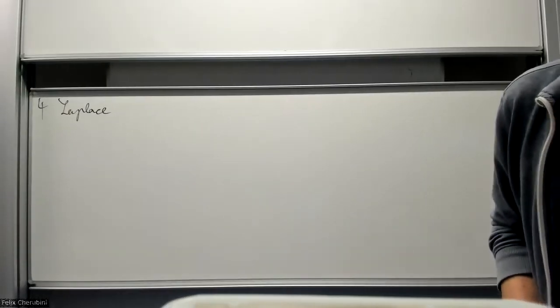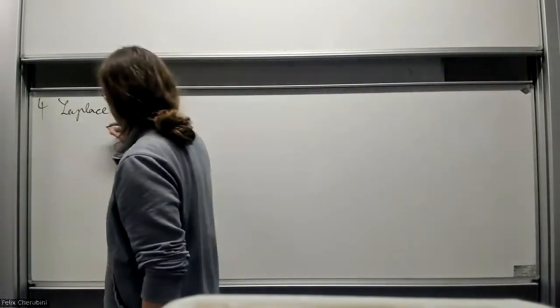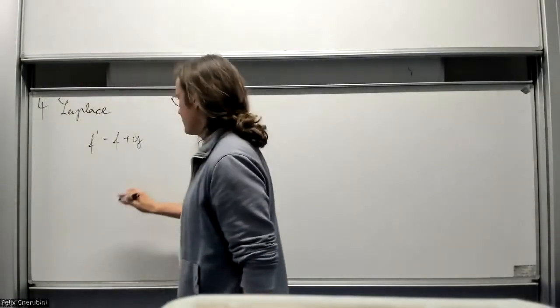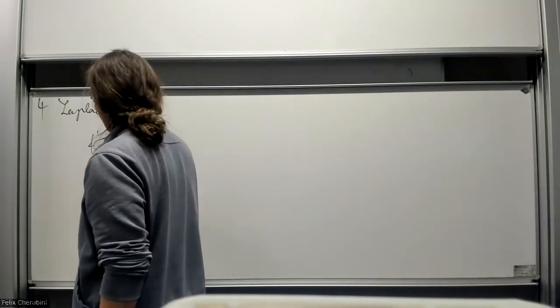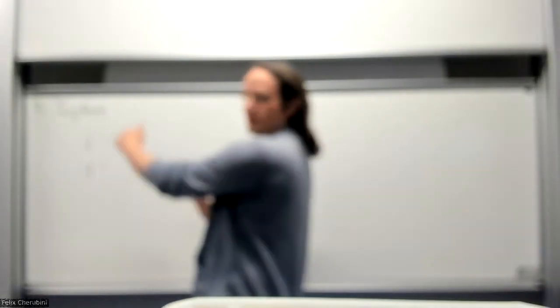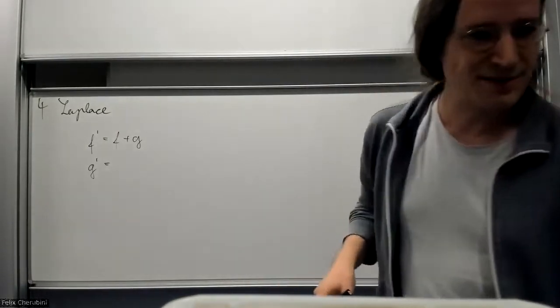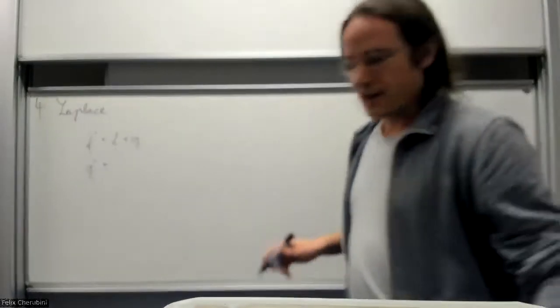Okay, so I'll write down the system we have to solve. f prime equals f plus g. So that's also some special kind of thing where you have two equations which refer to each other. There will also be an f here, and there you have exp.